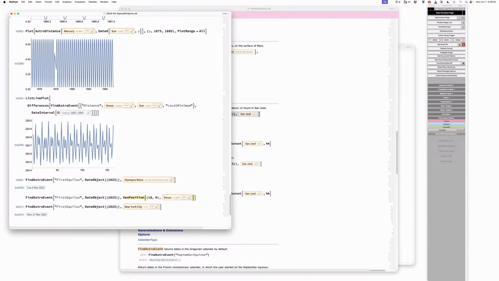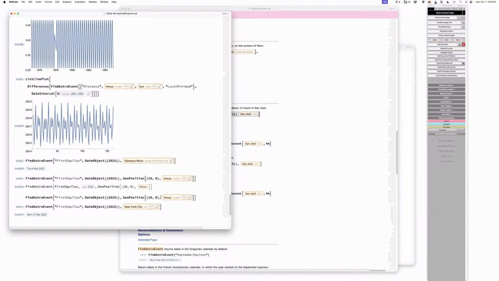The string also works. Oh, I'm surprised that didn't work. Let's try it on Mars. Maybe it doesn't like Venus. Yeah. Perhaps. Let's just try this. Try another planet.